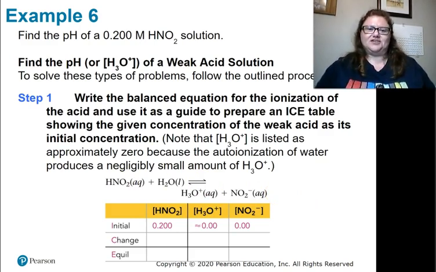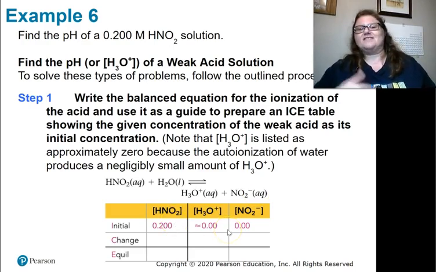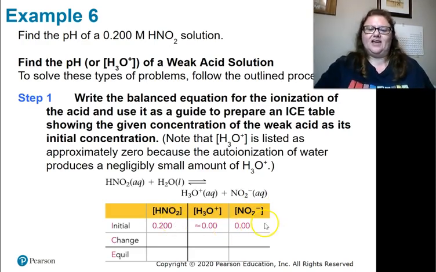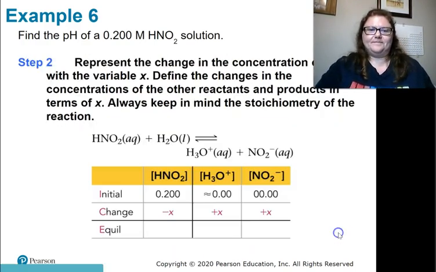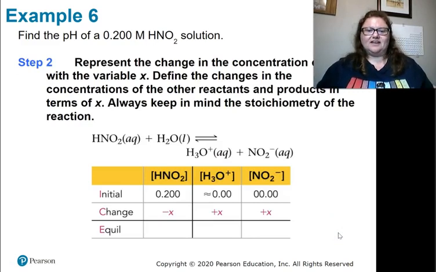We were given the initial concentration of our acid as 0.2. The hydronium is basically 0, and the nitrite is 0. The change, again, this is all coefficients of 1 in this balanced equation, so it's just going to be minus x for the reactant and plus x for the products.